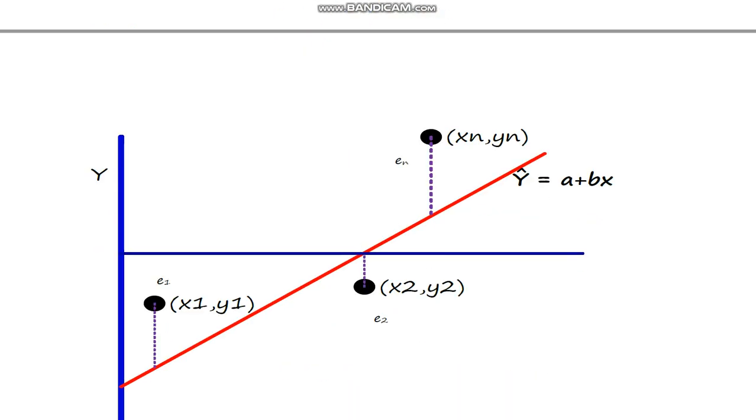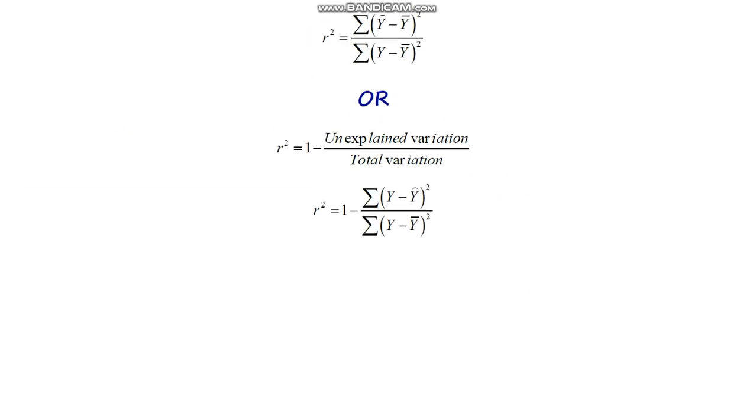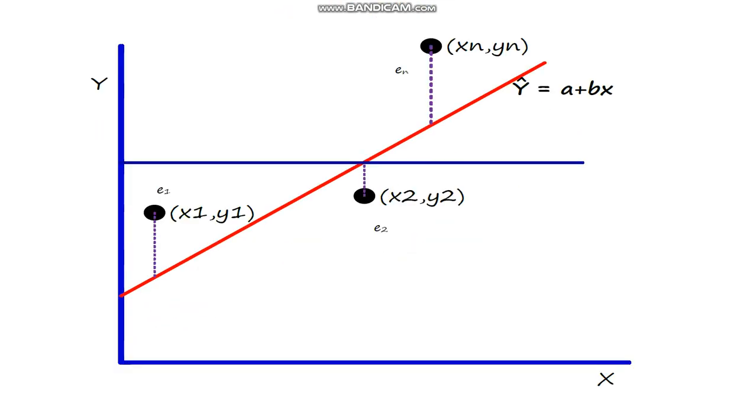Here is its graphical form to solve the above formula. If we have the formula 1 minus summation y minus y cap squared over summation y minus y bar squared, how can we solve this? We first see the term summation y minus y bar squared. This blue line is the mean y bar, and this red line shows the straight line.